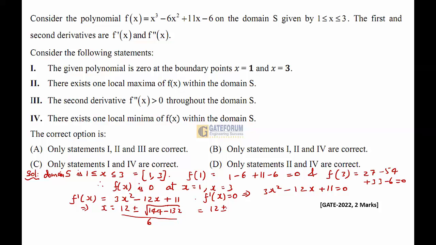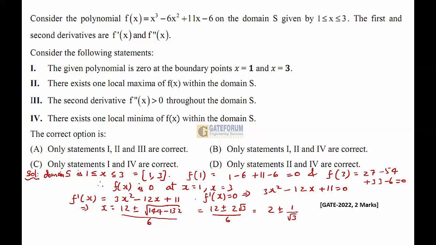Under the square root 12 we can write 4 into 3, so 2 root 3 by 6. Now separating the terms: 12 by 6 is 2 plus or minus 2 by 6 with 1 by 3 into root 3, and that 3 can be written as root 3 into root 3. One root 3 cancelled, and we get 1 by root 3. So finally, 2 plus or minus 1 by root 3.